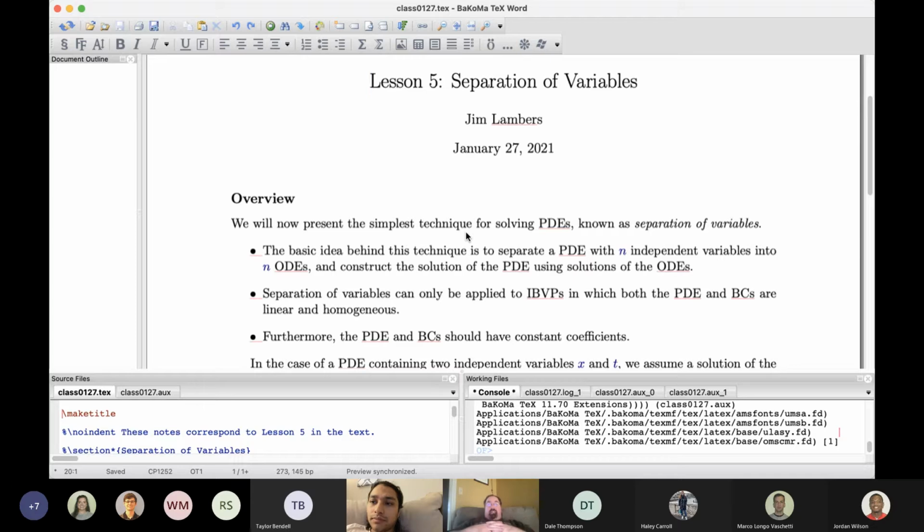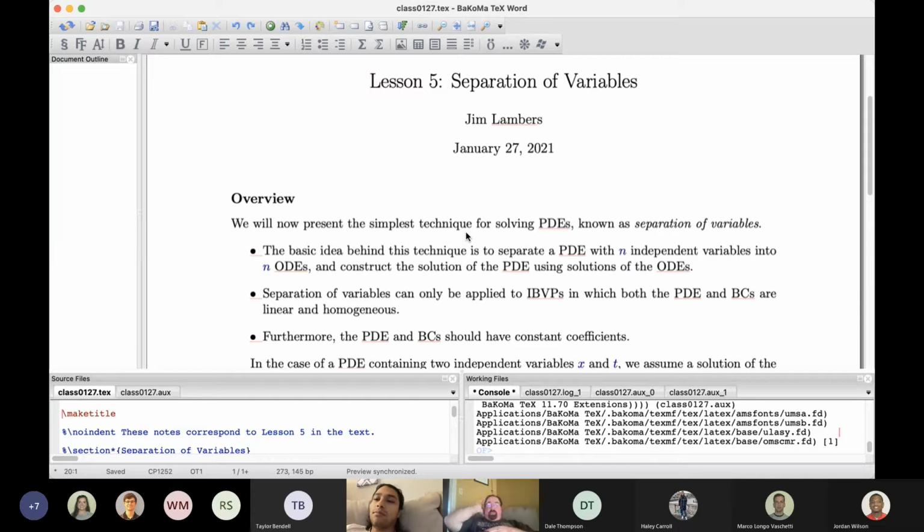We're going to have a PDE with derivatives with respect to two variables, x for space and t for time. Separation of variables involves separating that PDE in two variables into two ODEs, each depending on one variable. Then we can use the solutions of those ODEs to obtain the solution of our PDE.